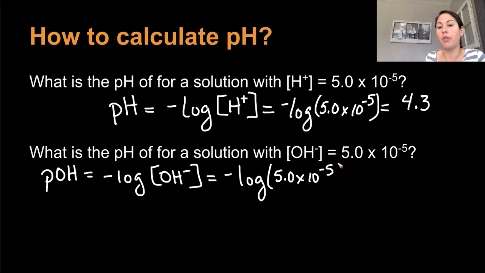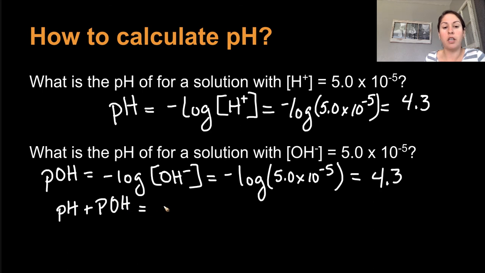And so we're going to take the negative log, again, of 5.0 times 10 to the negative fifth, which we've already done. And when we did that, we found that that was 4.3. But that is not the pH, that is the pOH for this particular solution. So in order to find the pH, remember that pH plus pOH is 14.